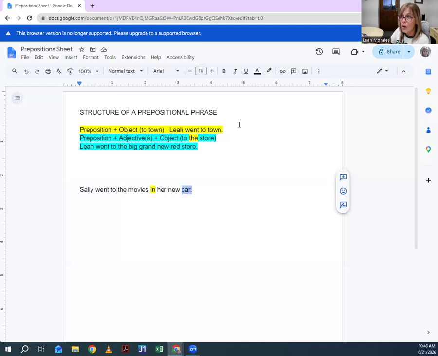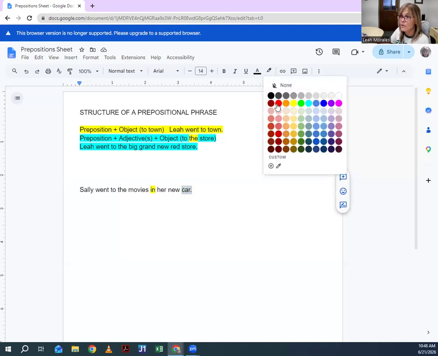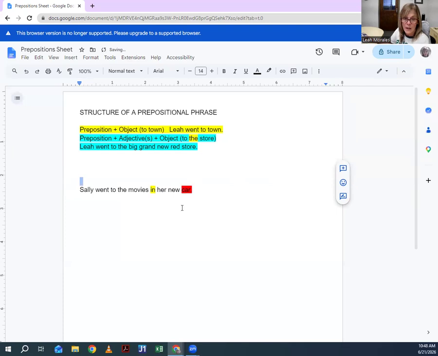She went in her car, right? That is what she went in. So that is the object right there, okay? The entire prepositional phrase is in her new car. All of that goes together to become the prepositional phrase. Not just the preposition and the object, but everything in between as well, okay?